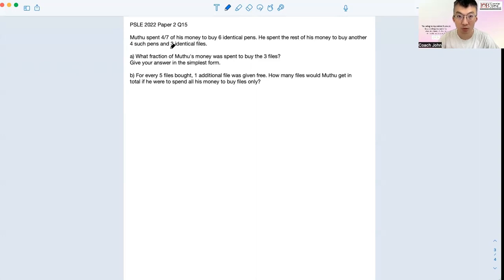Okay, so what I'm going to do here is, can you see that there's this fraction of the money to buy 6 identical pens? What we have here is 4/7 of the money. If you write it in maths way, it's actually 4/7 of the money is equivalent to 6p.